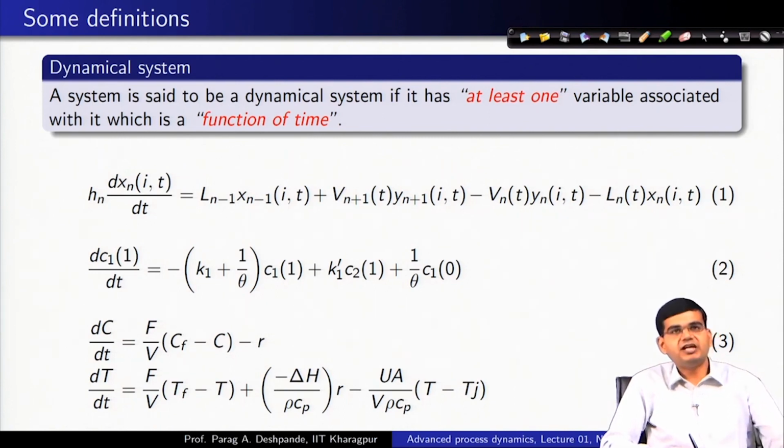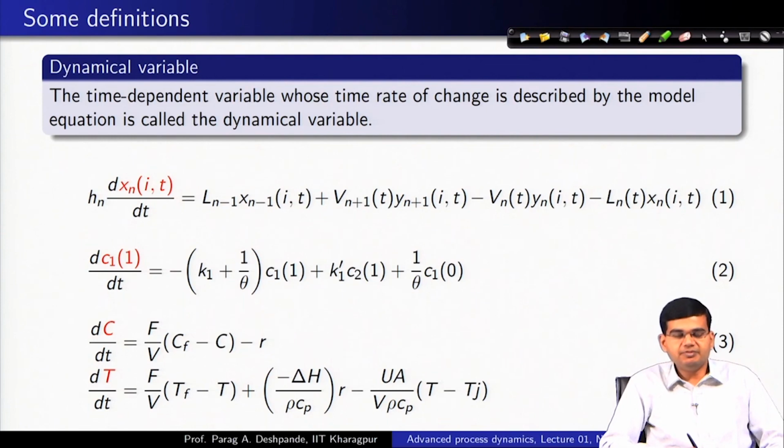Now, what is the meaning of a dynamical variable? The dynamical variable is a variable which changes with time, and for such variables the time rate of change is described by the model equation. So, in these four equations you see that there are quantities which are highlighted in red. You have x of n, which is the molar composition over any tray of any component.